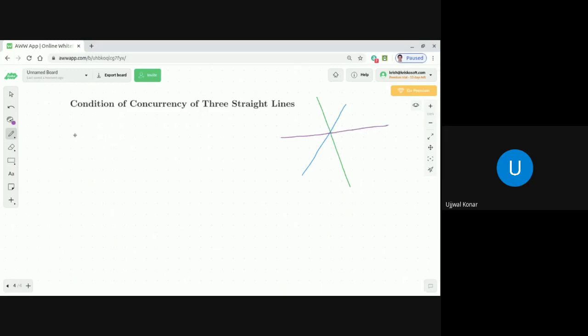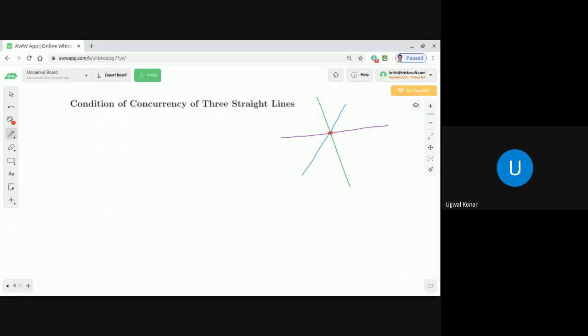Now if we see, all these three straight lines are passing through a single point, and they are known as concurrent. When three straight lines pass through the same point, then we can say that these three straight lines are concurrent. Now we are going to find what condition has to be satisfied so that we can say that these three straight lines are concurrent.